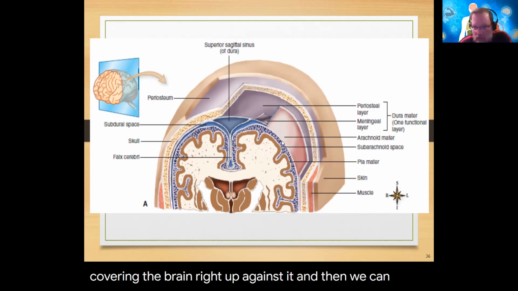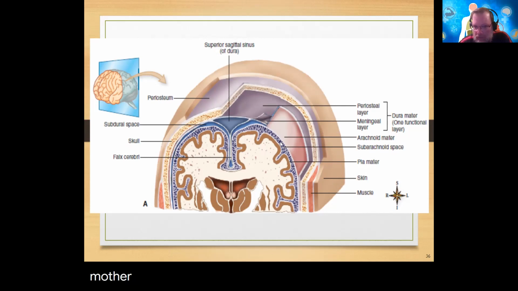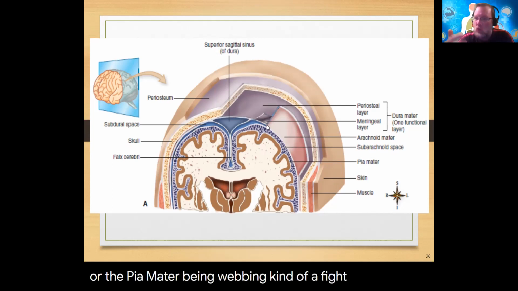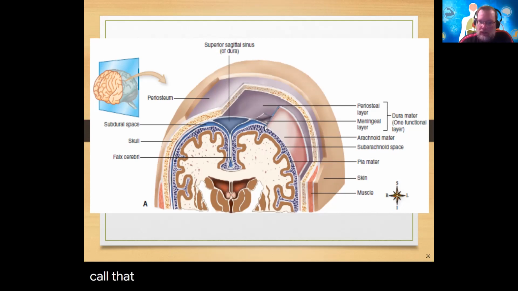And then we can see a little bit of a space right here, just superficial to the soft mother or the pia mater. That's going to be filled with kind of a fibrous web. We call that space the subarachnoid space. And arachnoid means spider. So we do see a web-like appearance.